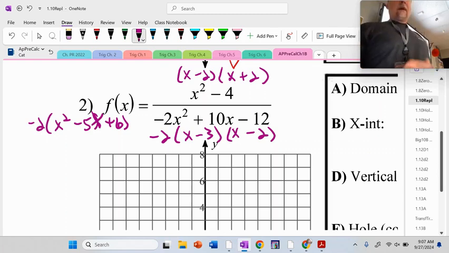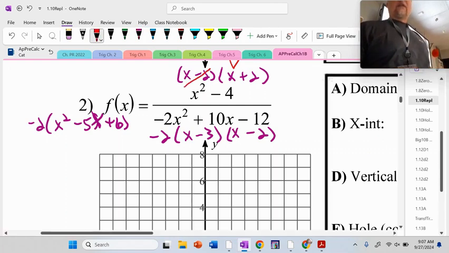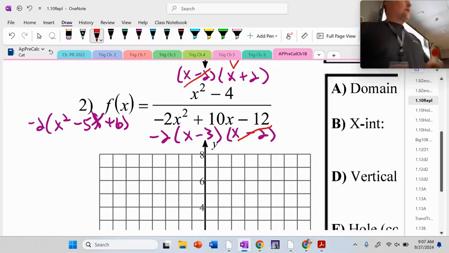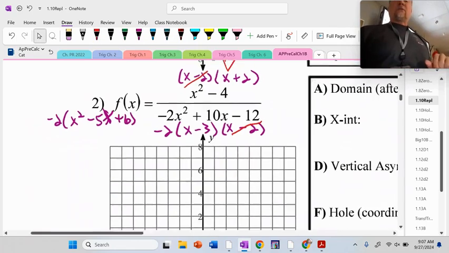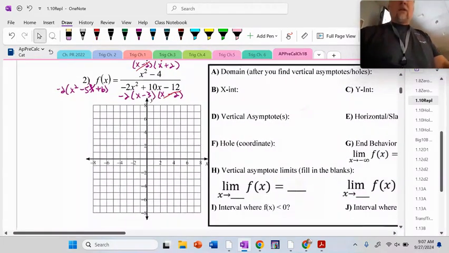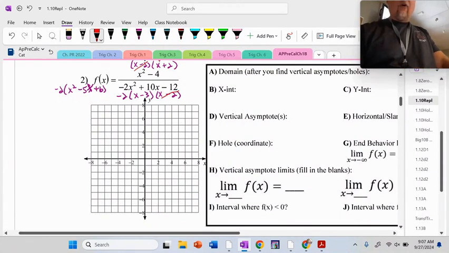All right. Oh, by the way, do we have a hole? We do. So that's why I wanted to do this kind of question. I used that program, but I got all different types of questions that could happen. Our first one, we had a slant asymptote. That's unique. Our second one, we definitely have a hole.